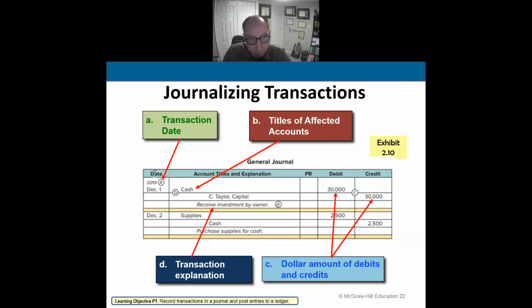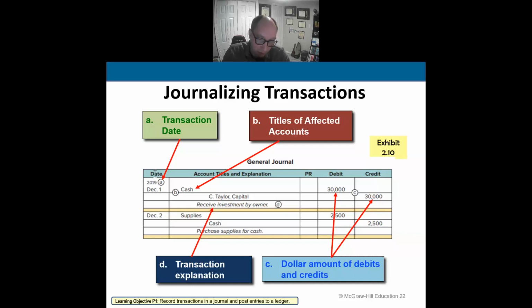We typically do everything on a monthly basis. And the date of the transaction is so important because of, remember what we talked about, the matching principle. The matching principle tells us that we need to record revenue and expenses at the time they were incurred, during the month that they were incurred, right?